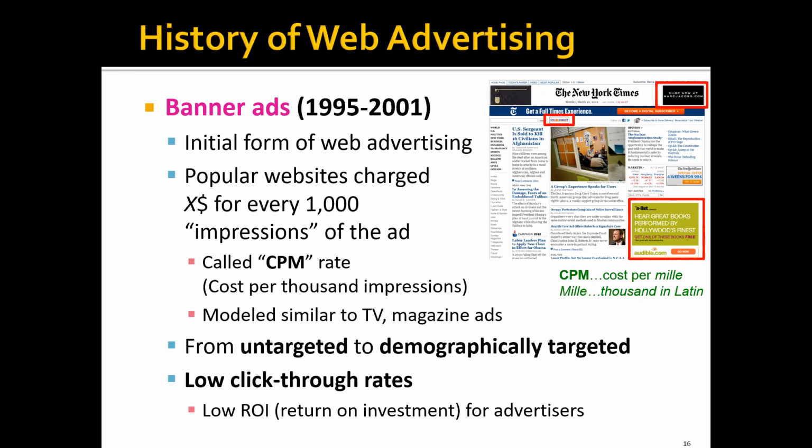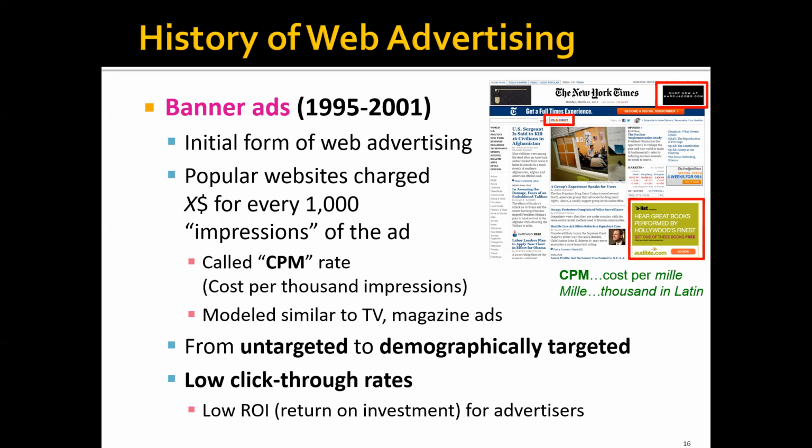This is called the CPM rate, or the cost per 1,000 impressions. The letter M is the Roman letter for 1,000. This is why it's called CPM. And this is actually a similar model to TV commercials or magazine advertisements.